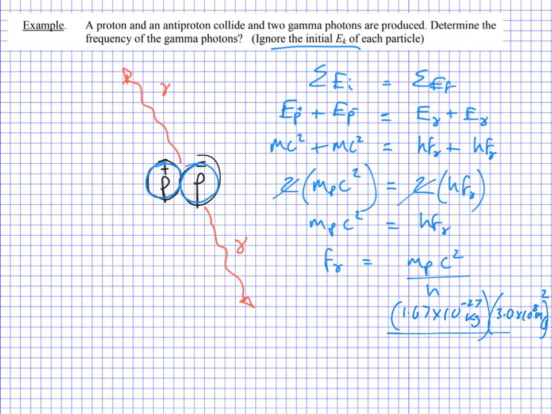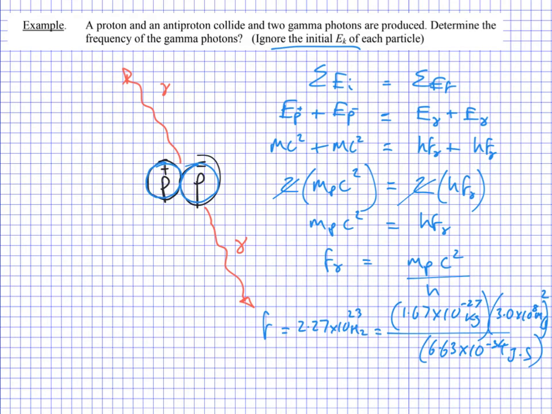And that's divided by 6.63 times 10 to the negative 34 joule seconds. And so that's going to give me my frequency, which is 2.27 times 10 to the 23, and that of course is Hertz.